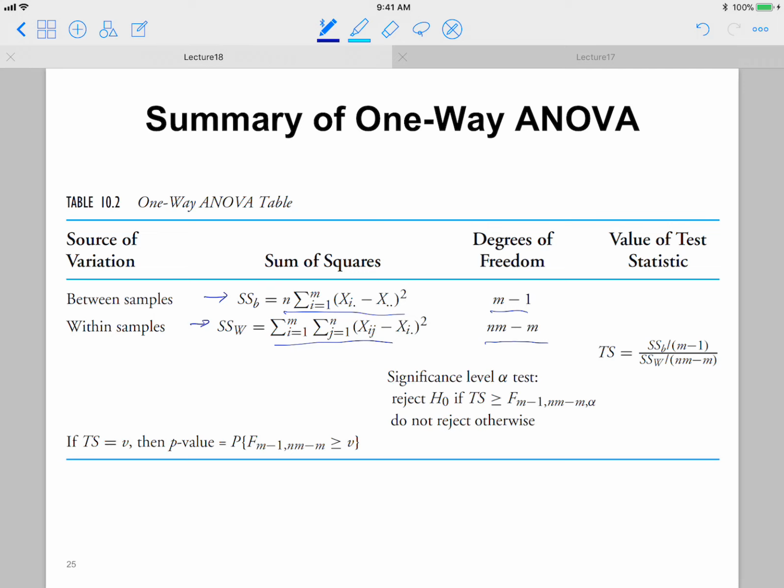In order to perform the hypothesis testing, whether all the mean values are the same between different groups or not, we used this test statistic, and we used the F distribution or F random variable. Okay, so that is the summary of one-way ANOVA, and that's it for this lecture.